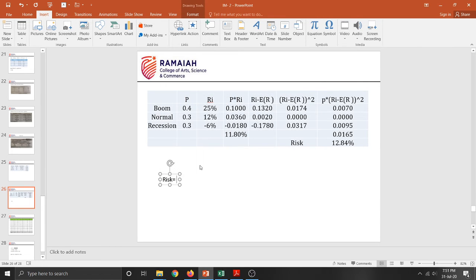Okay, no worries, I'll just write it as square root of pi, that is your probability, into ri minus expected return, whole to the power of 2. You just have to take the square root of this 0.0165. So this is your formula.